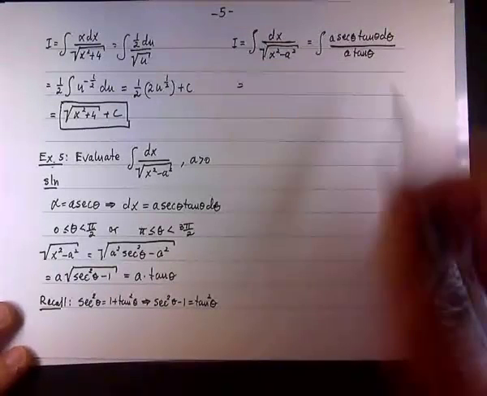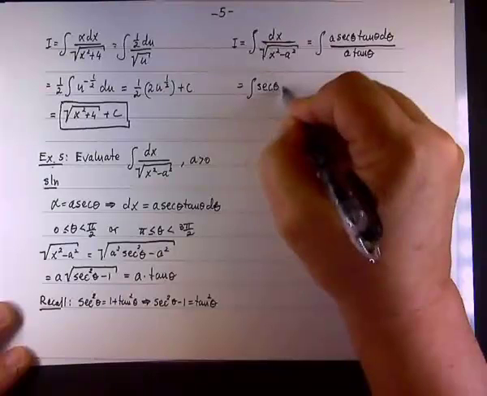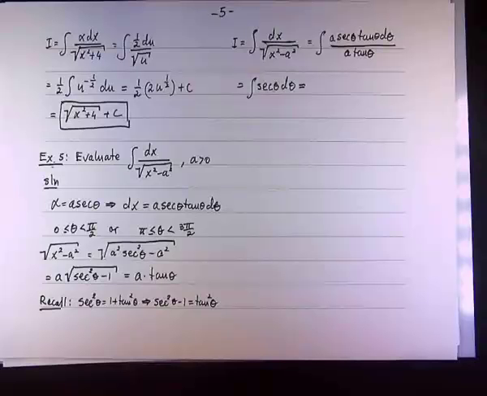So let's see, we have all kind of cancellation here. A cancels a, right? Tangent cancels tangent, and we end up having the integral of the secant.